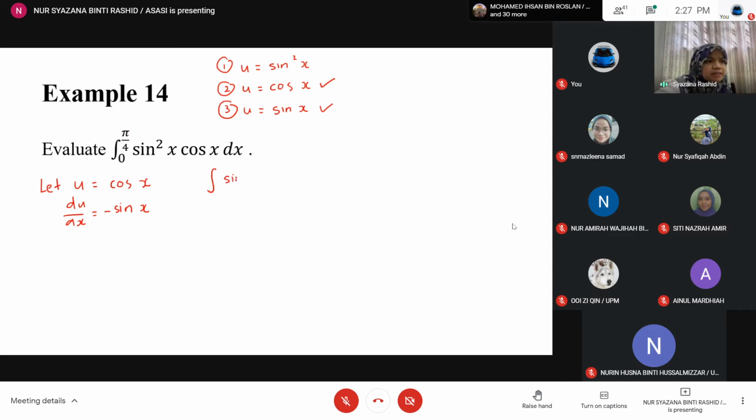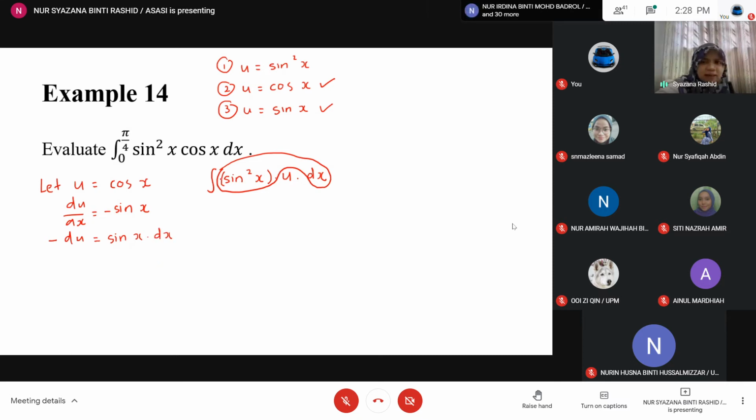Sine squared x will remain as sine squared x, but cos x, I put this as u, dx. I need to do something here so that I change everything into variable u. I will bring dx to the right side, and negative here. And this one becomes sine x dx.